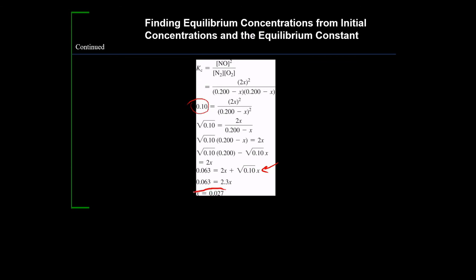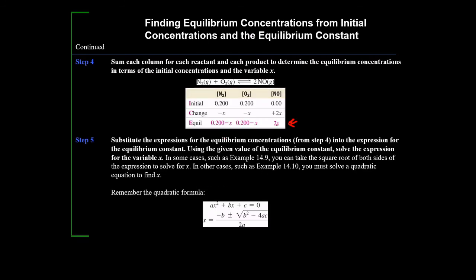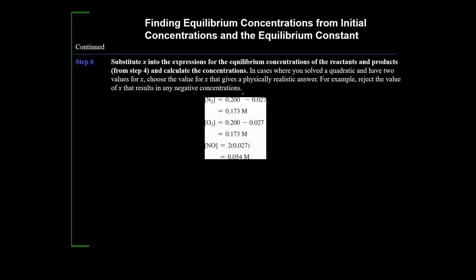So then this value, we're not done yet. We do know what x is now. We're going to plug that back into here, because again, we're trying to find those equilibrium concentrations, and we know x now. So we plug that value for x in there, there, and there. And that's what we have here.